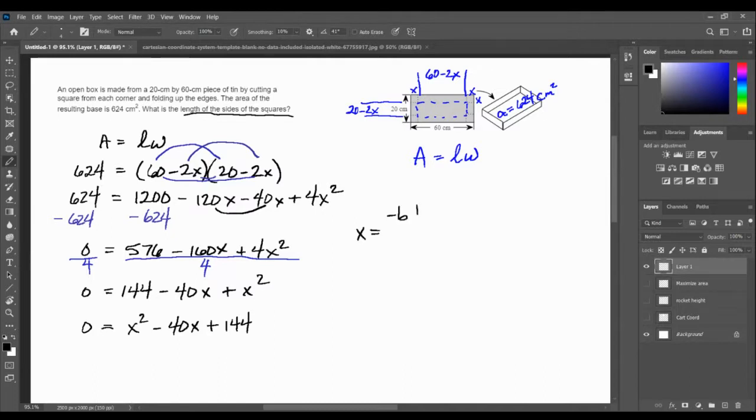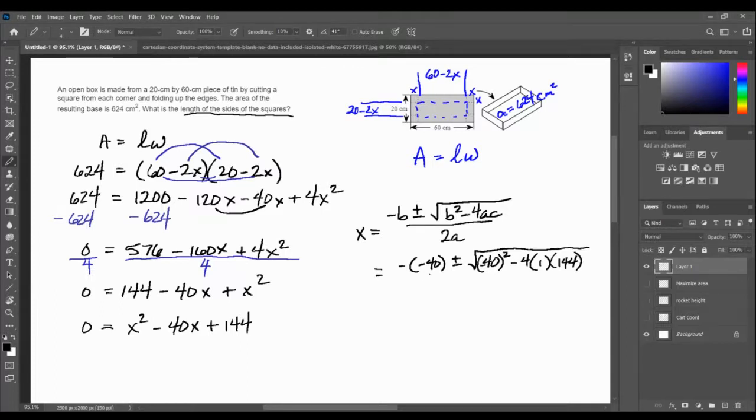opposite of b plus or minus the square root of b squared minus 4ac all over 2a. It's my quadratic formula. So the opposite of negative 40 plus or minus the square root of negative 40 quantity squared minus 4 times 1 times 144, all over 2 times 1.